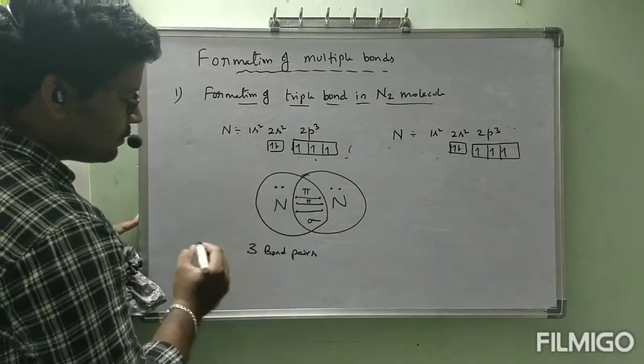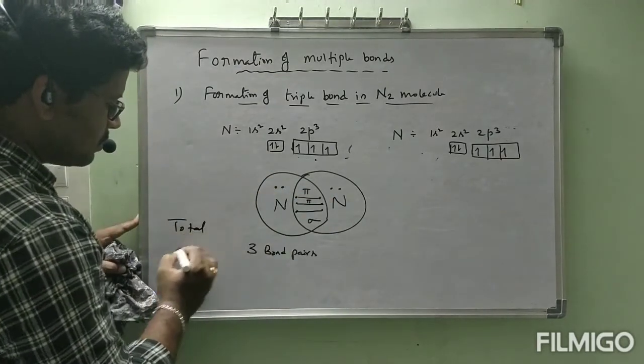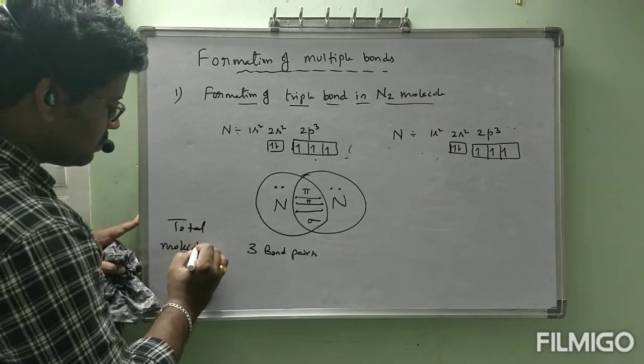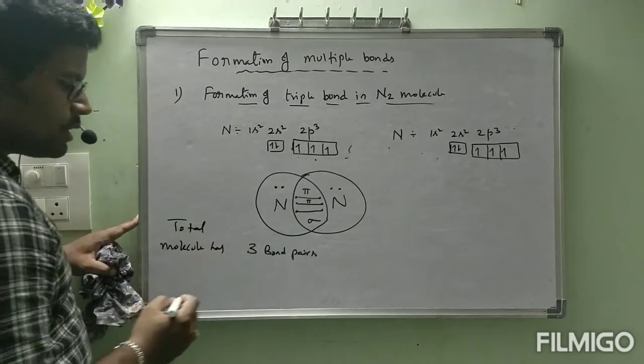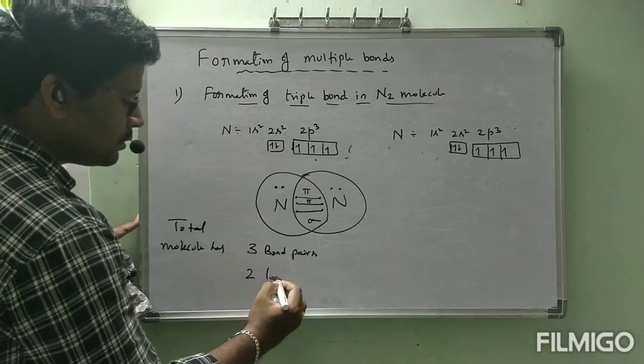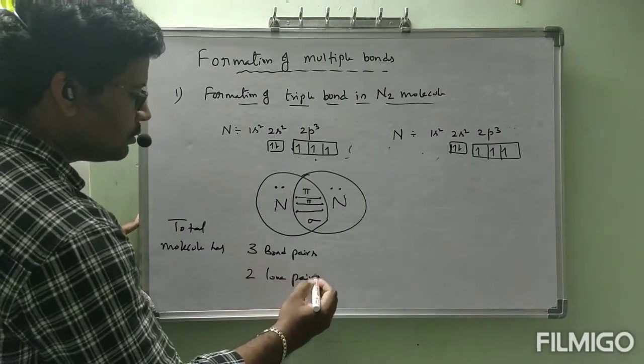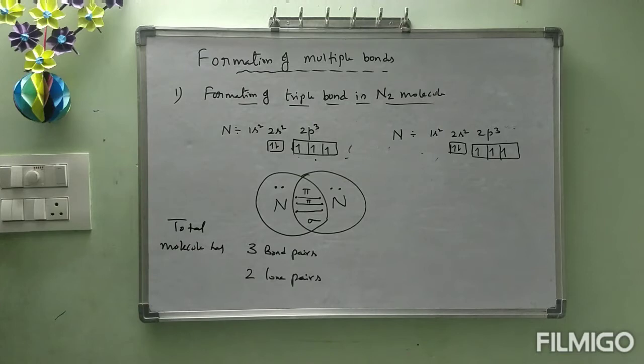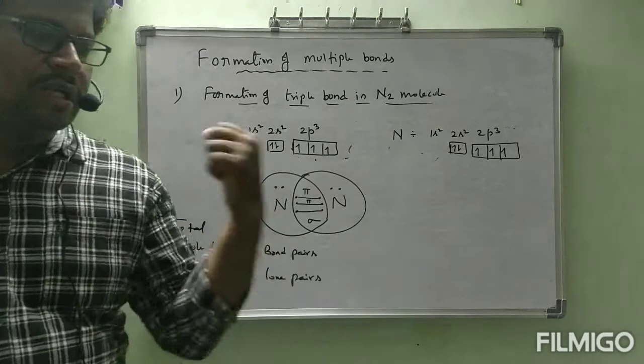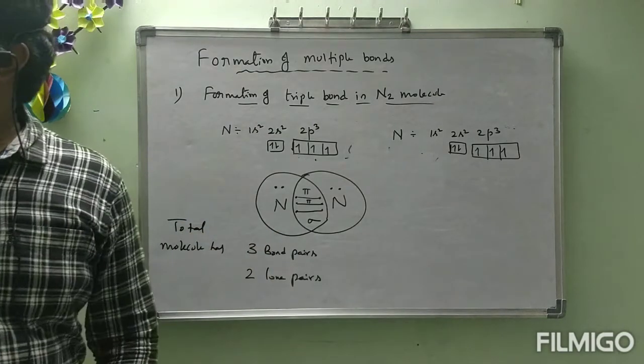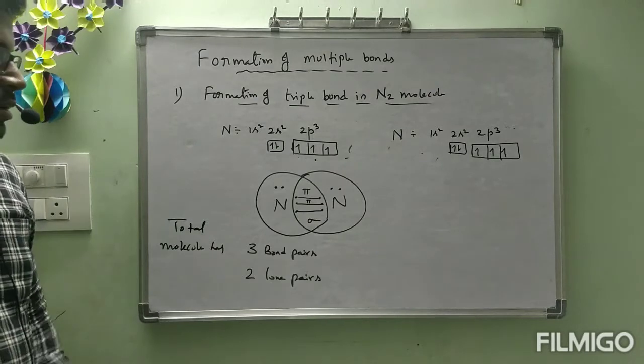Out of total molecule, has 3 bond pairs, 2 lone pairs. Okay, this is the normal representation, that is diagrammatic representation, previous one. By this what we have understood? Triple bond.